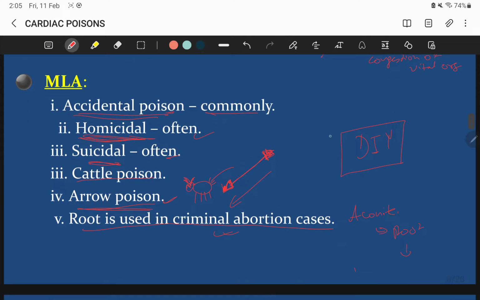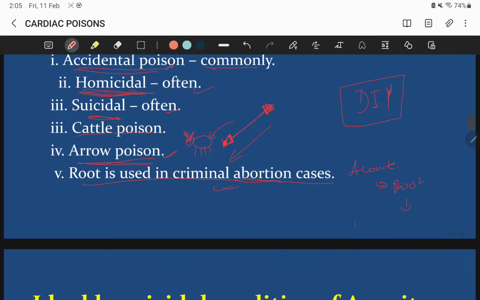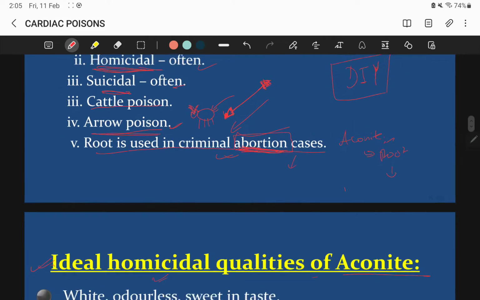Okay, they want to get rid of the baby, right? So they do it by themselves, as a popular DIY, they say on the internet, it's very trendy. Okay, abortion is a very dangerous thing, a very complicated and critical thing. So some people will use the aconite root and insert it into the uterine, vaginal canal, and it will cause abortion of the baby. So yeah, that's a criminal offense, so it should also be known.